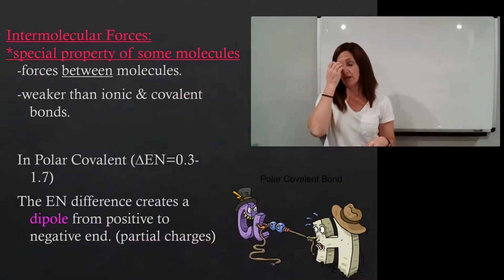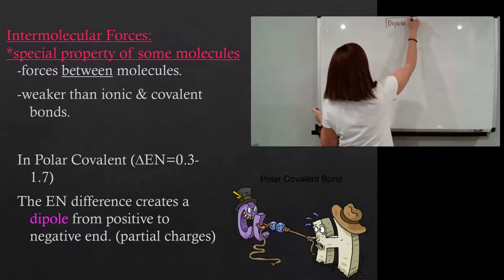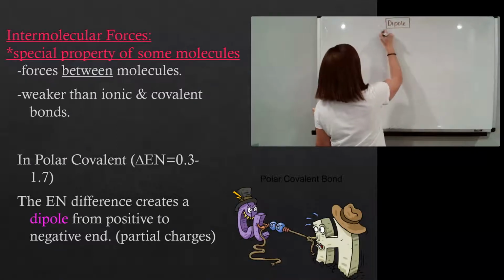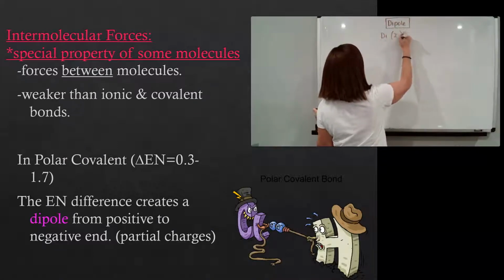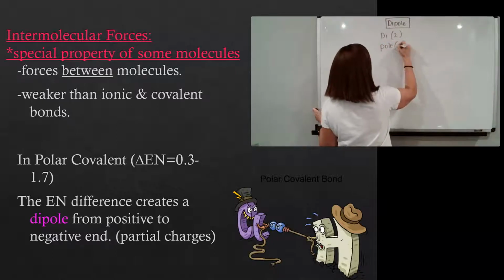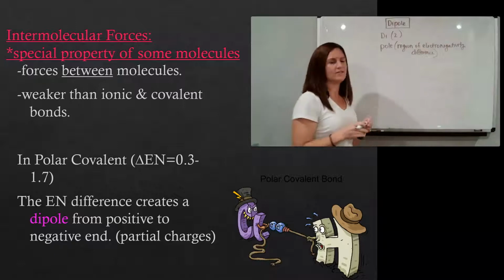We're going to be concentrating or starting with a type of intermolecular force called a dipole-dipole interaction. So first, you need to understand what a dipole is. Di is two, and a pole means that we're talking about a region of electronegativity difference.